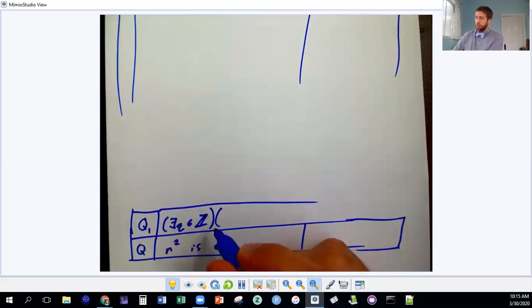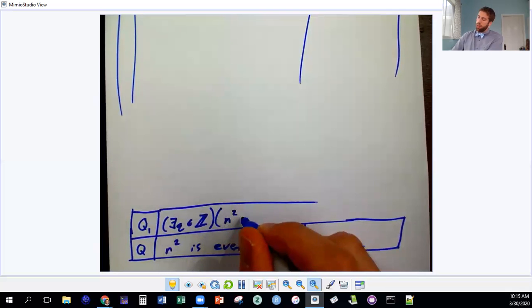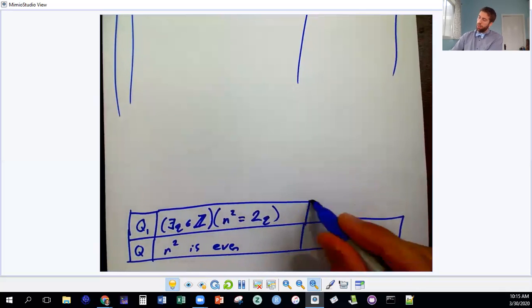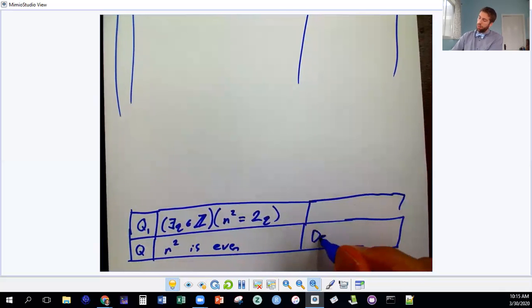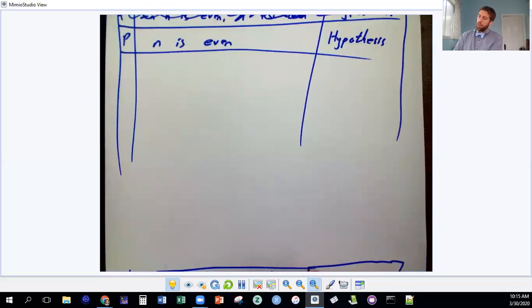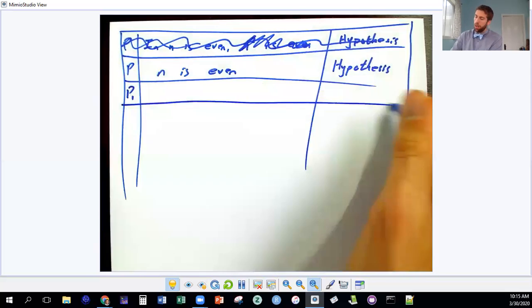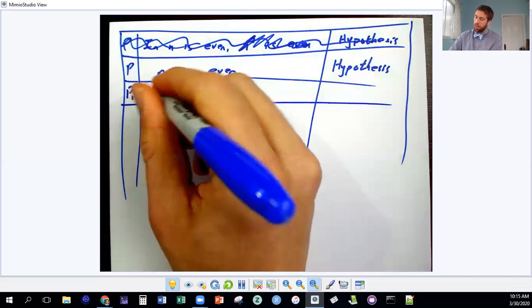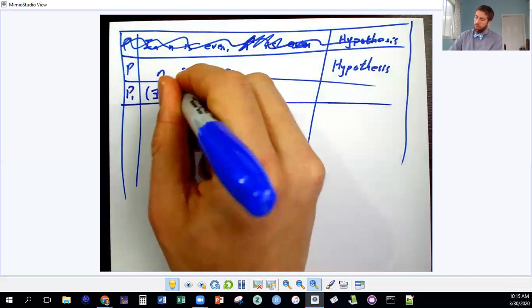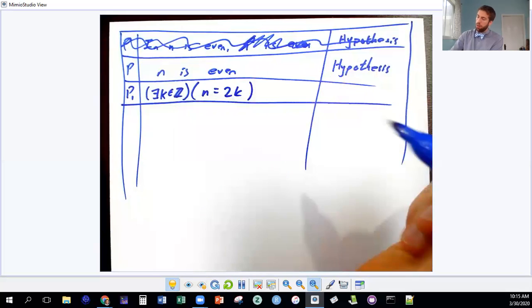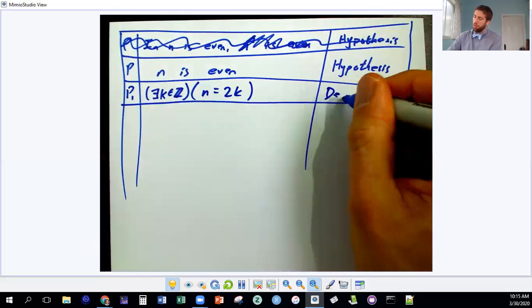There exists an integer q such that n squared equals 2q. That's the definition of even. All right, so up here, n is even, so unpack that definition. It means there exists a k in the integers such that n equals 2k.